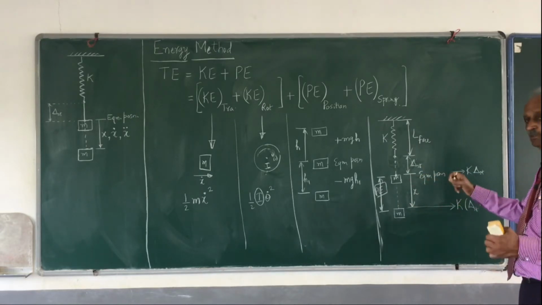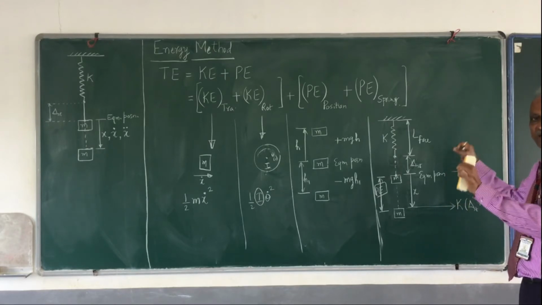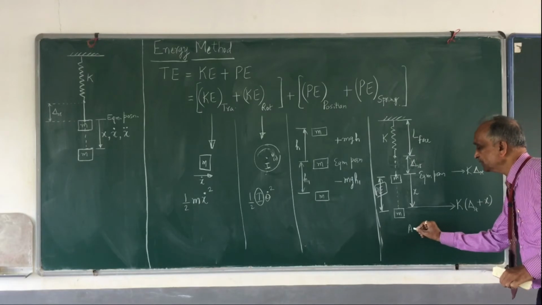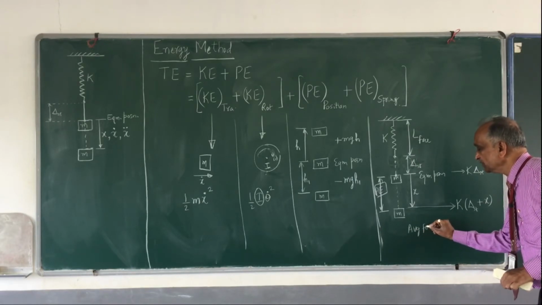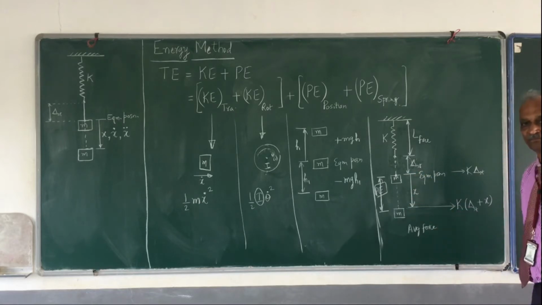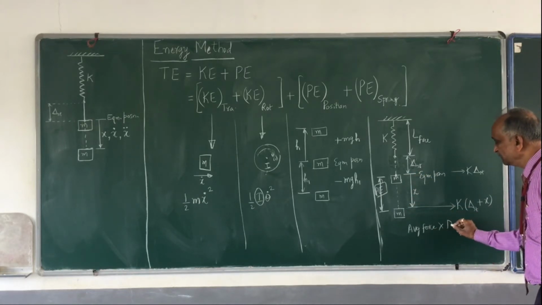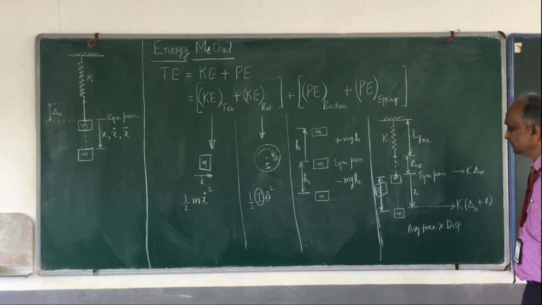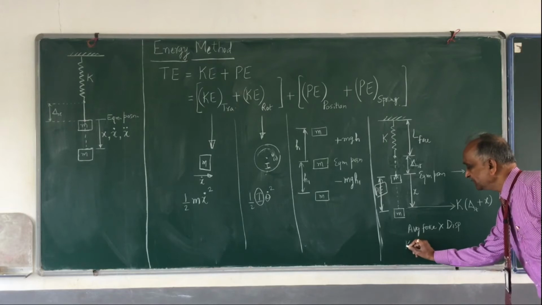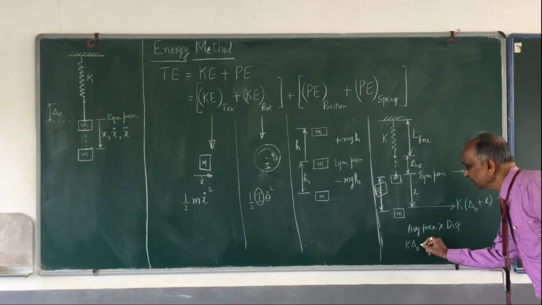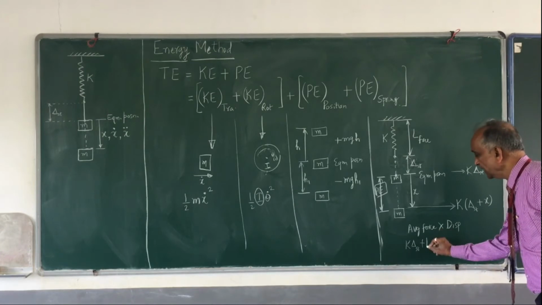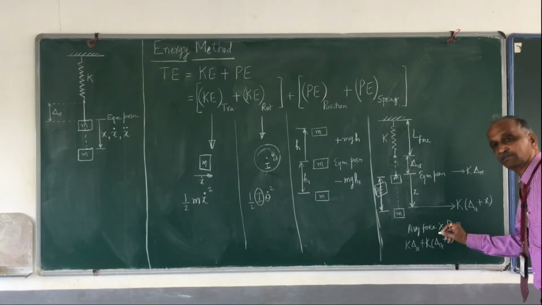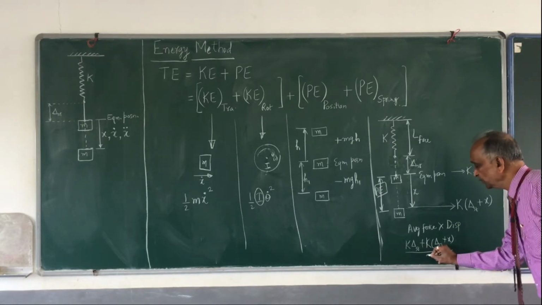Then what force should I take and multiply by displacement to get the energy? That force is nothing but the average force. The average force during this time multiplied by displacement. What is the average force? It is K into delta St plus K into (delta St plus x), divided by 2.